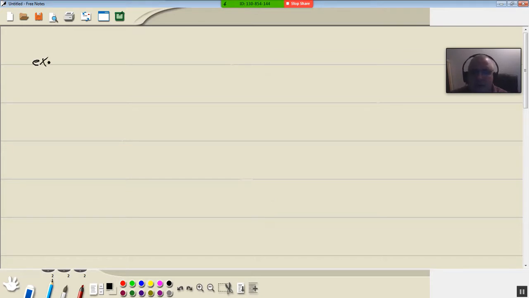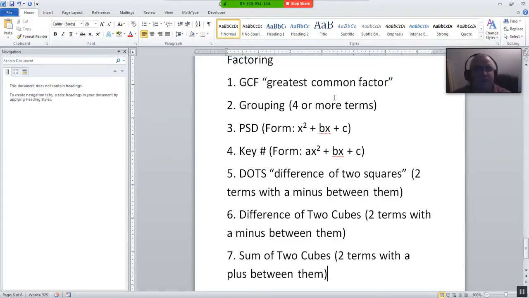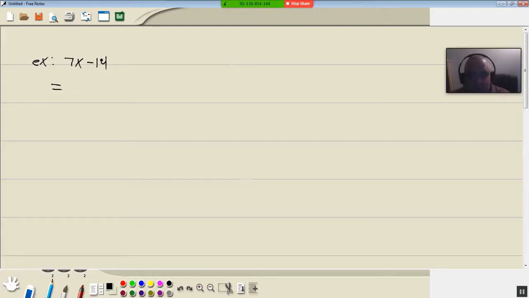So, let's say we have 7x minus 14. Our first method, GCF. Now we've got two terms here. That's important. They're two different terms. When you have numbers, you look for the largest number that divides into both of those. We've got 7 and 14, so the largest number that divides into both is 7.